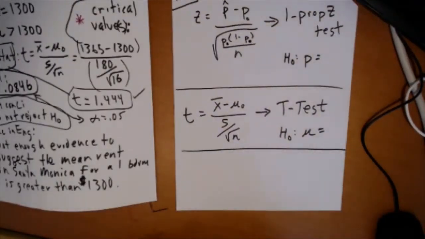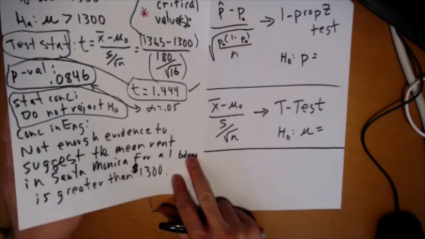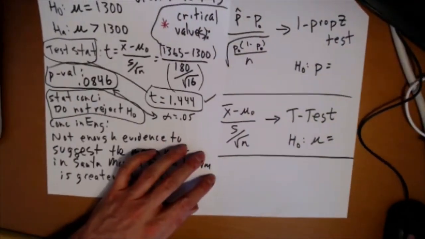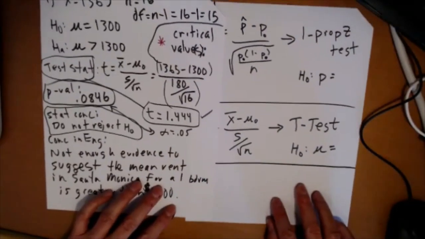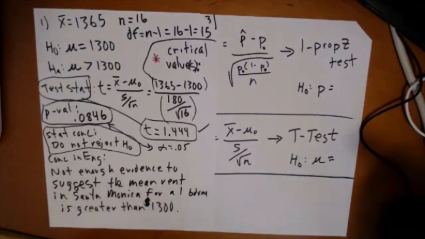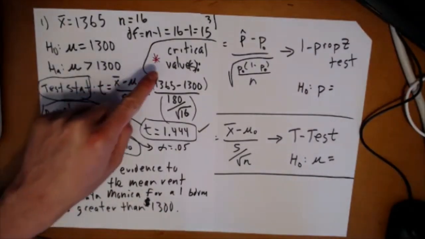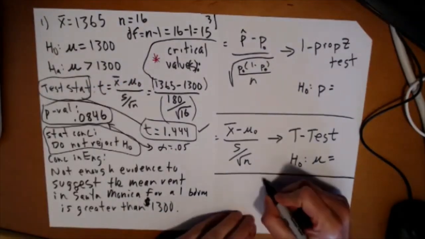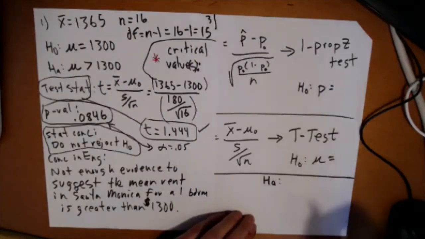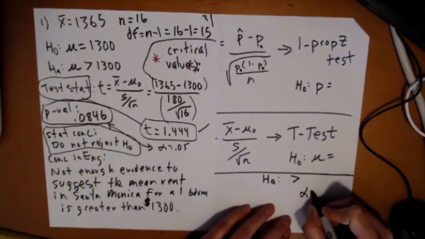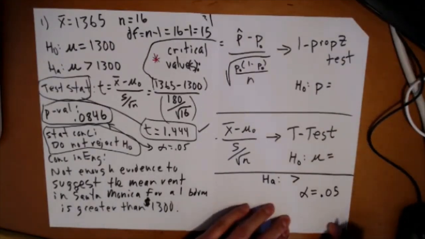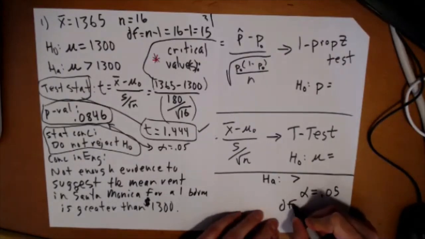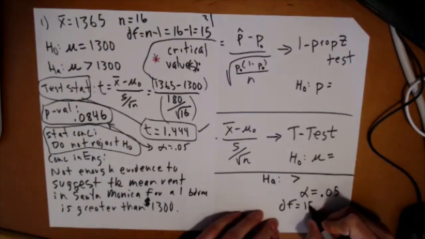So the critical values, let's see. Notice that the HA is pointing to the right and that the alpha is 0.05 and that the degrees of freedom is 15.